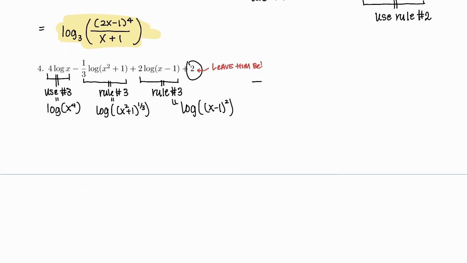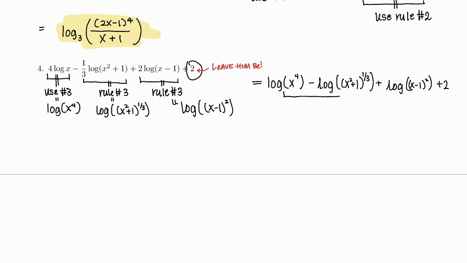Okay, so what I have so far is log of x to the 4th minus log of x squared plus 1 to the 1/3 plus log of x minus 1 squared plus 2.